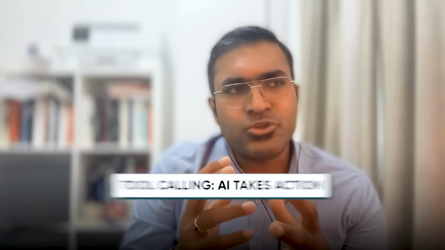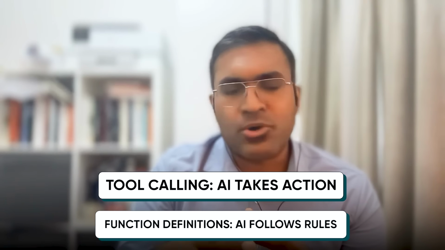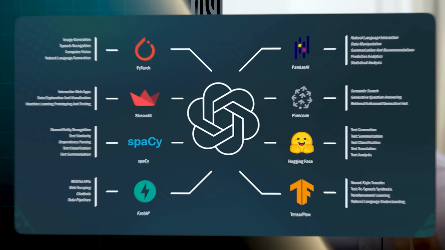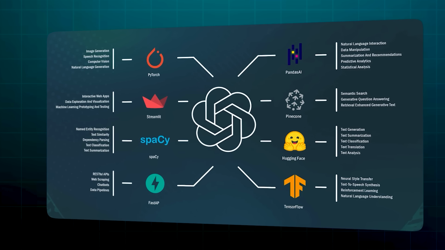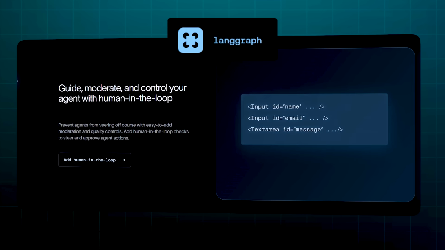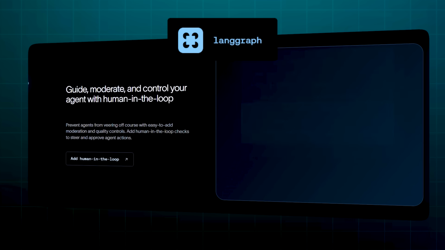So there are tool calling and function definitions. If you're working with the OpenAI ecosystem, the OpenAI function calling schemas, that's actually a procedural memory model providers are providing. And if you work in an open source environment, like if somebody's using LangGraph, the state machines that LangGraph provides, that's a procedural memory.